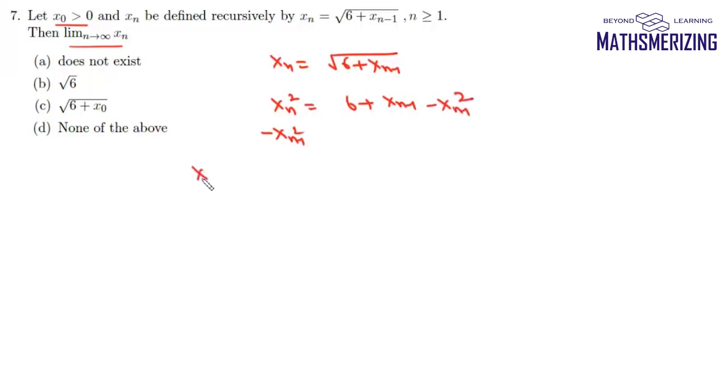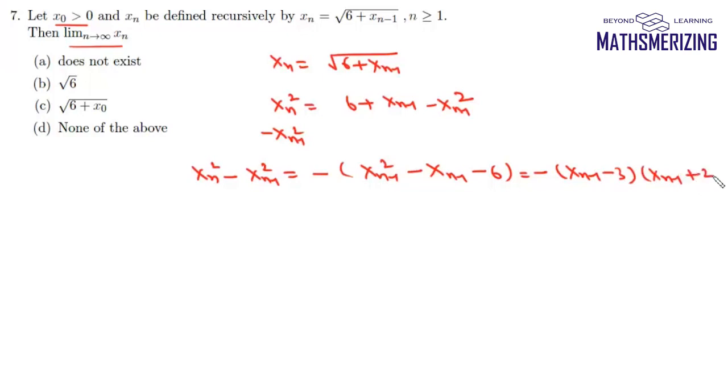So it will be xₙ² minus xₙ₋₁², and if we take minus common here, we get xₙ₋₁² minus xₙ₋₁ minus 6, and if we factorize it, we can write this as (xₙ₋₁ minus 3)(xₙ₋₁ plus 2).